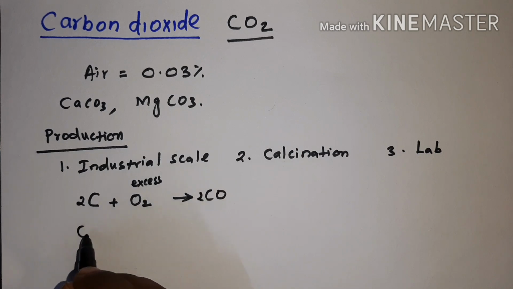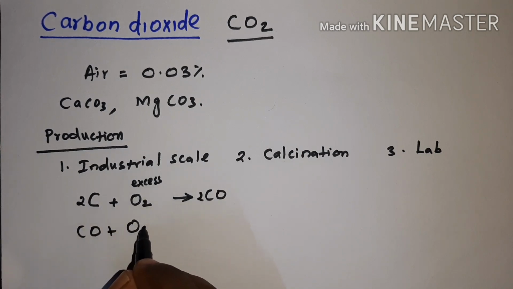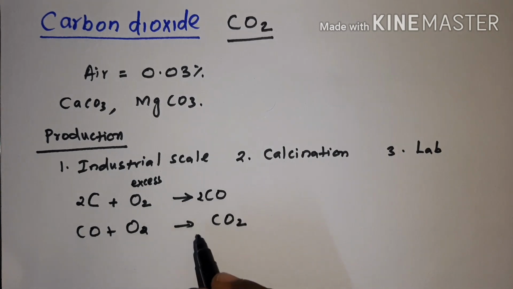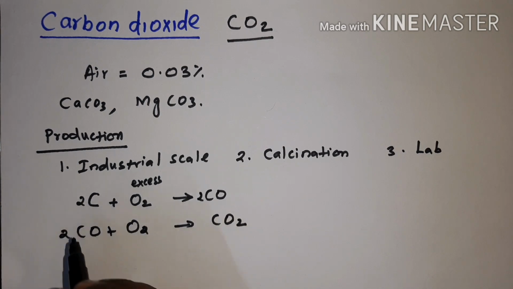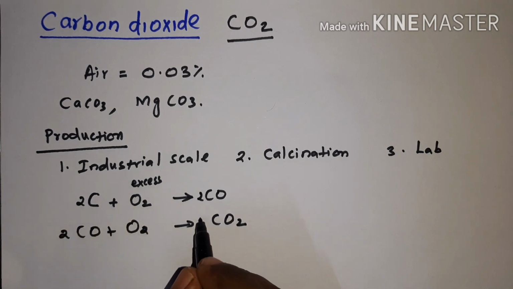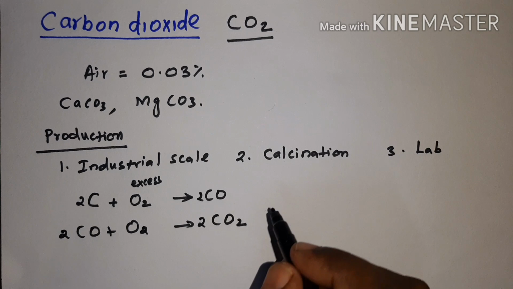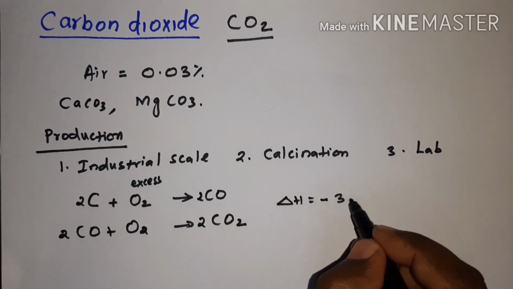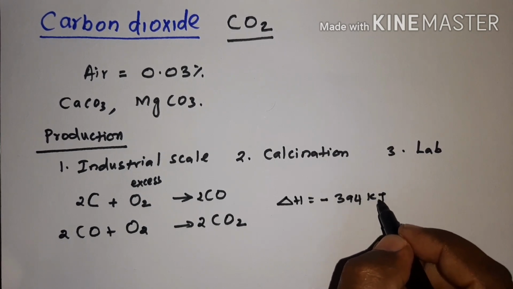Again this carbon monoxide with excess of air gives carbon dioxide. Then the balanced equation. It is an exothermic process, so the value of delta H is equal to minus 394 kilojoule per mole.